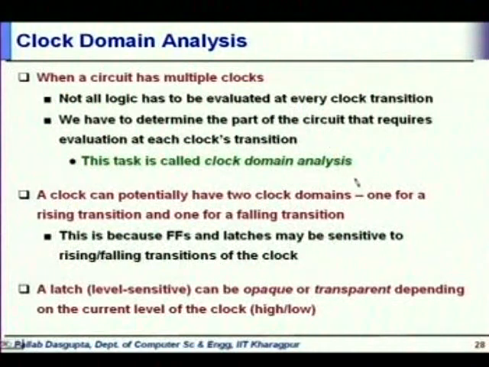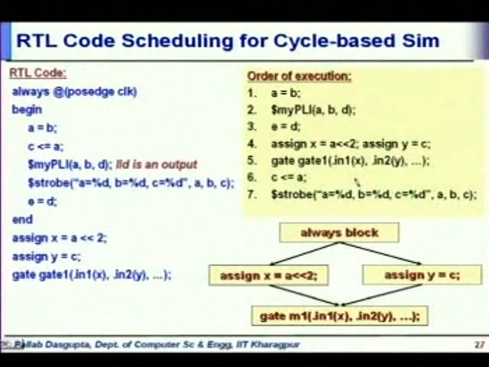Now, having seen the way that the events are processed, we now have to look at another interesting thing. In a cycle based simulation, the clock is very important, right, because we are simulating everything in a clock cycle. Now, as you have seen in the previous code, always blocks can be triggered at the edges of the clock, at posedge clock.